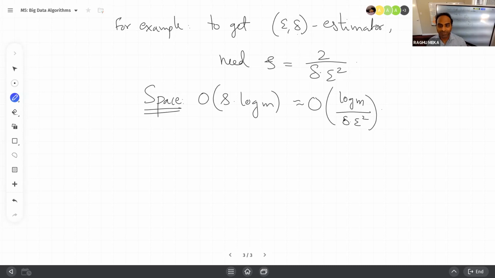If I wanted delta reliability, meaning my probability that my estimator was far off was at most delta, then the dependence was log 1 over delta. But here it is 1 over delta. So if I want reliability of 0.001, then I need to use 1,000 times more space, which is kind of defeating the purpose almost of using this entire approach in the first place.